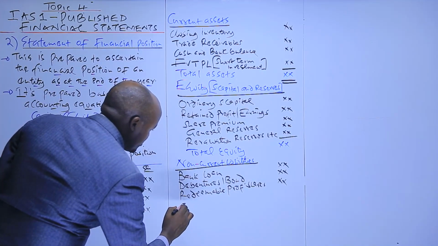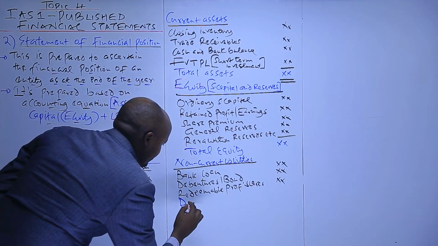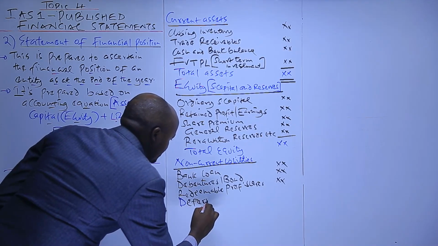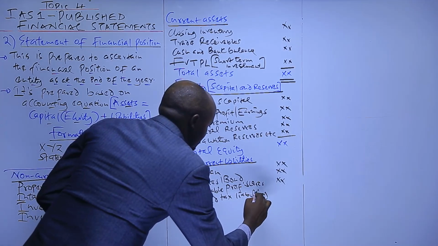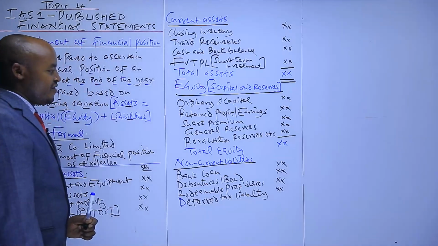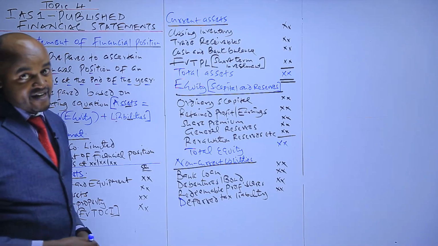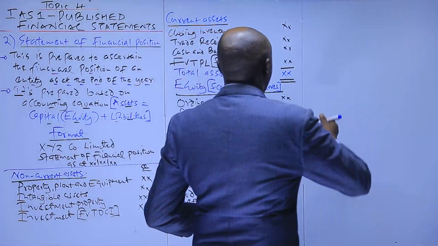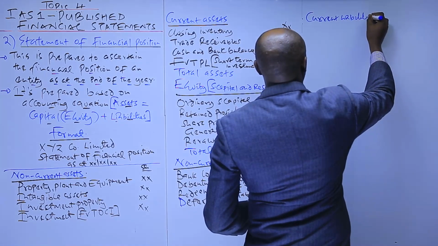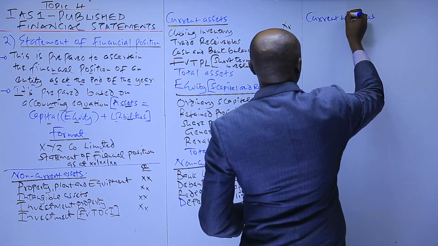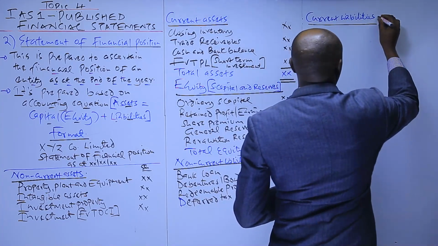And the other item which we also include here is deferred tax liability. So mostly those are some of the components of the non-current liabilities. And finally, we record the current liabilities. Current liabilities are short-term financial obligations of the company.